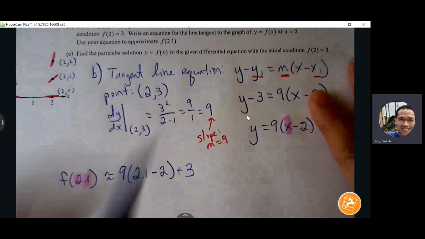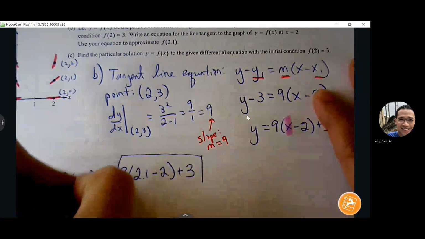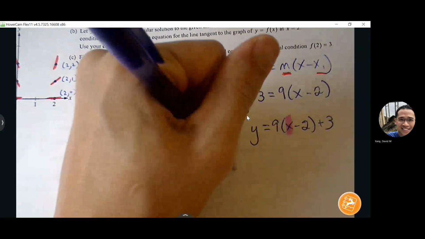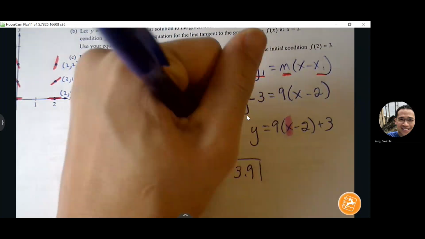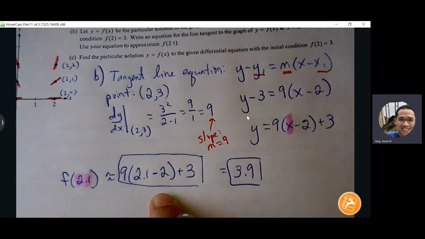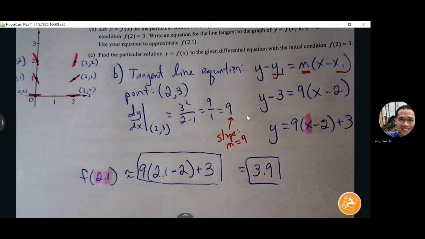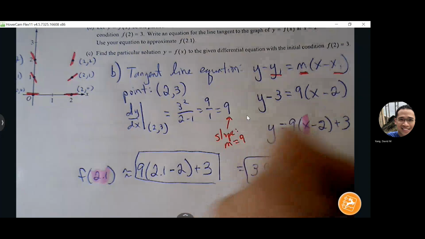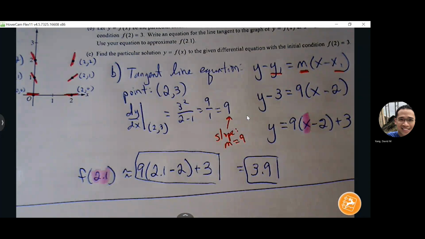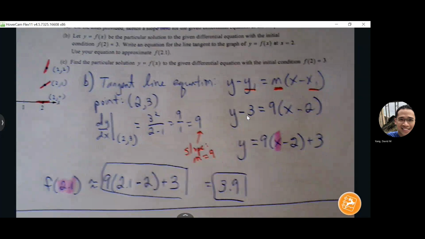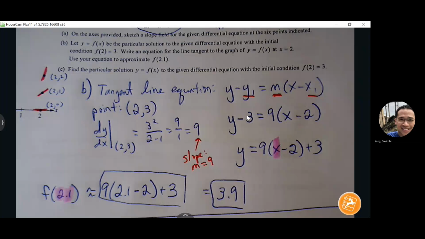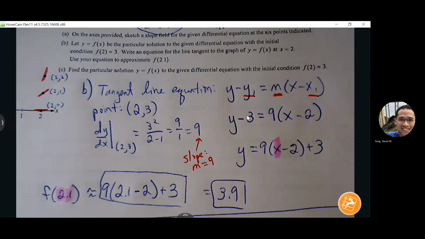You can actually leave your answer in this form to be fine. Okay, so this is sufficient, especially without a calculator. Okay, so tangent line equation again, use the derivative to get to your slope, take your order pair, point-slope form.